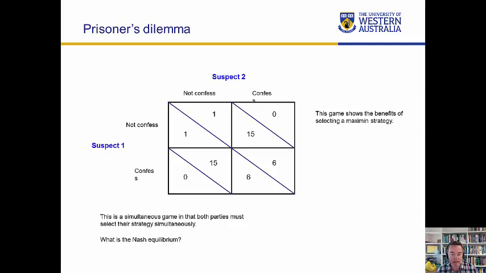If they confess, they get either 0 or 6 years. If they do not confess, they get either 1 or 15.